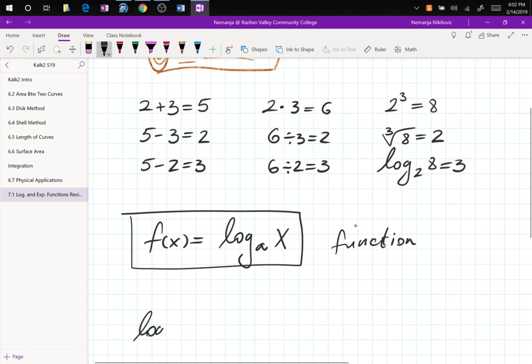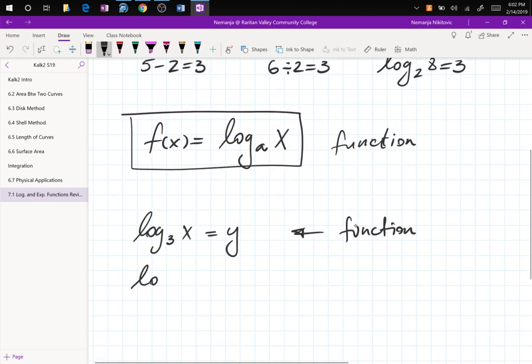So if I have log base 3 of x is equal to y, that's going to be a function. Now if I go and I say log base 3 of 27, or actually I'll do 125, that is a number. That's a number. It's equal to 5.